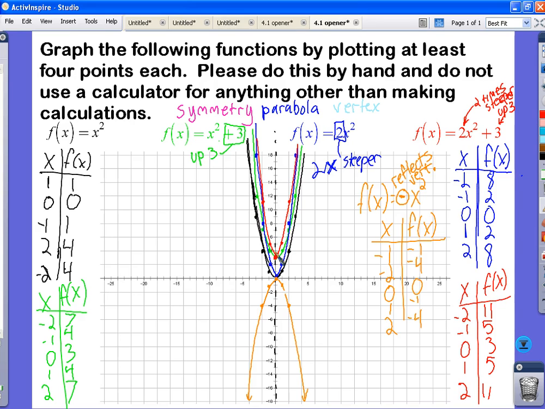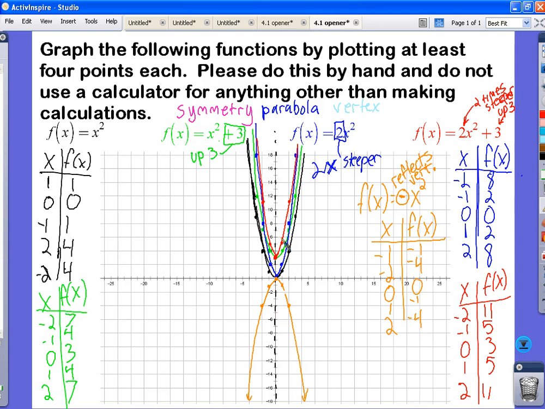Okay, think of it this way, just as a preface to that question. When we add 3 to the output, we square something for x and then we change the output. We add 3 to the output. We change the y, the vertical. Does that make sense? So we change the output, we change the y, we change the vertical aspects of the graph.